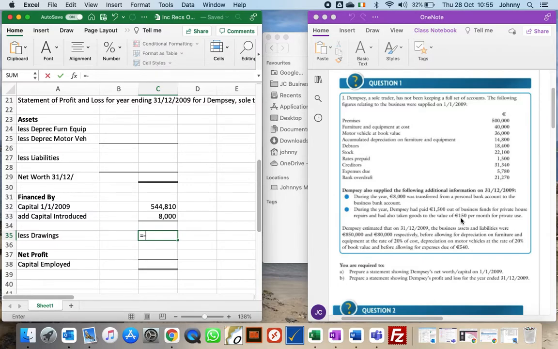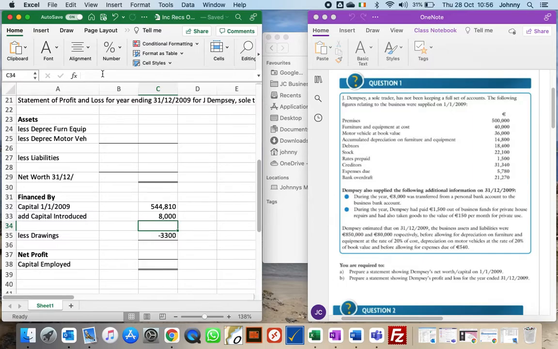So there's 1,500 plus 150 every month. So 150 times 12. And this is all going to be minus because it's going to reduce the value of his business.